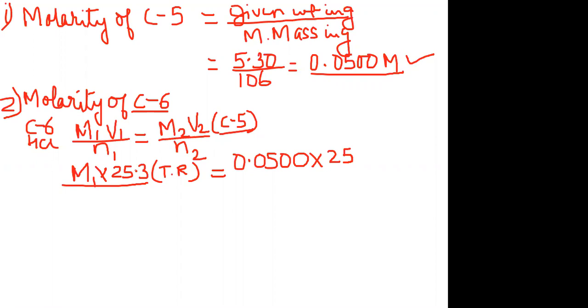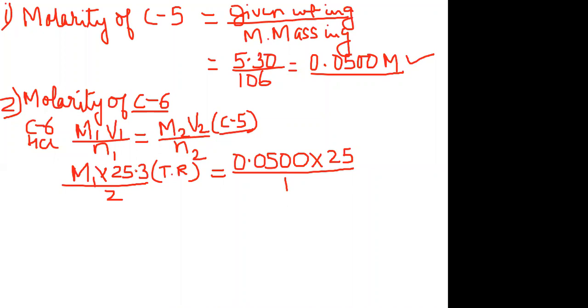And this again will have to be divided by the number of moles. Let me explain what this number of moles is. If you go to the equation, you will see that Na2CO3 is 1 and 2 moles of HCl are reacting with it. So the number of moles of Na2CO3 is 1 and the number of moles of HCl reacting is 2. So now we are ready to find out the molarity of C6.